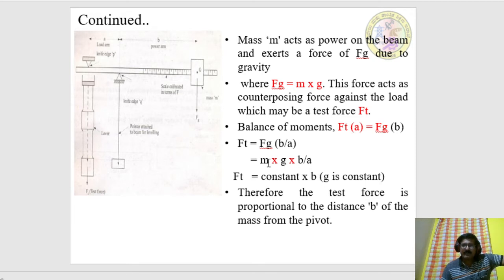When I substitute m is equal to 1, then Ft is equal to constant into B. Therefore, the test force Ft is proportional to the distance B, that is the distance B of the mass from the pivot, with respect to the power arm.